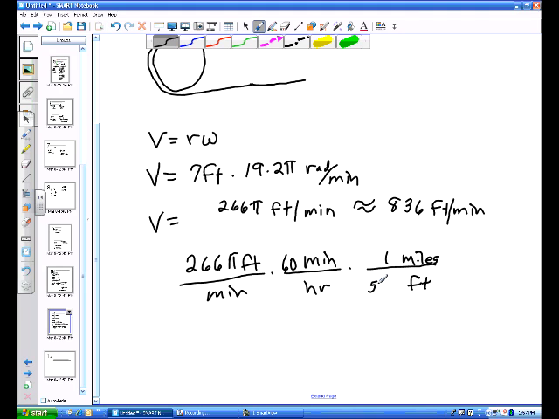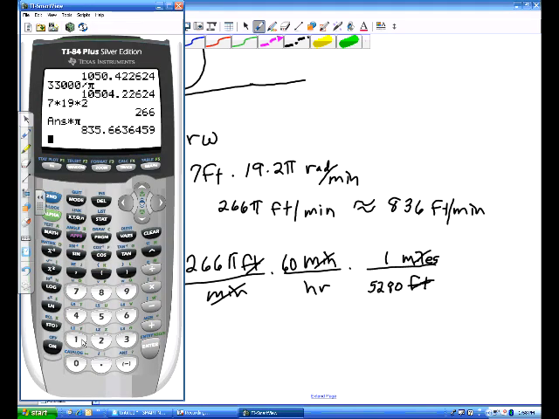And in 1 mile, there's 5,280 feet. So now we notice our minutes cancel, our feet cancel, and we're going to be left with miles per hour. So we could get an exact answer, 266 times 60.